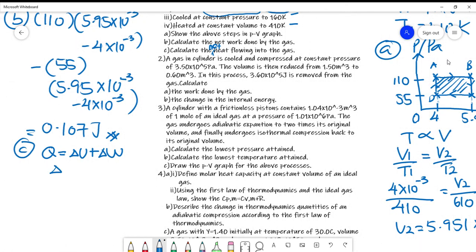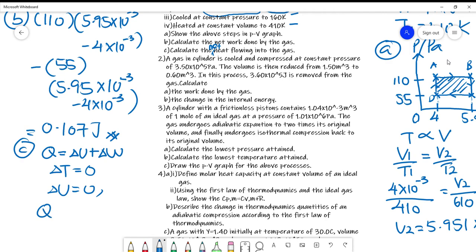The temperature of the gas is constant. So the change in temperature is 0, which is because the gas finally returns to its initial state. Hence I can conclude that my internal energy change is also 0.